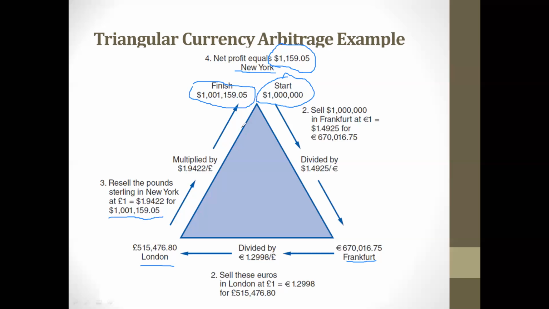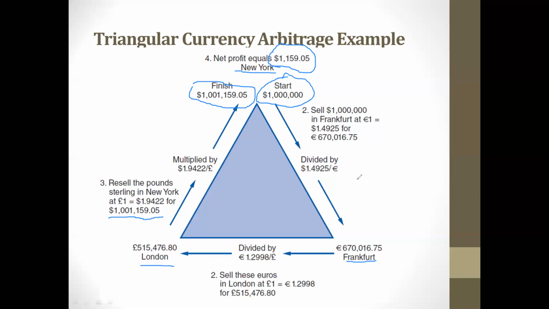I believe you understand the meaning of triangular arbitrage. You start from the New York market with $1 million. Then you come into the Frankfurt market and convert your dollars into euros using the given exchange rate. Then you end up with 670,000 euro as a result of converting your $1 million.